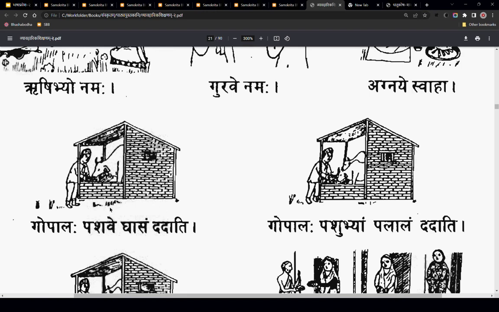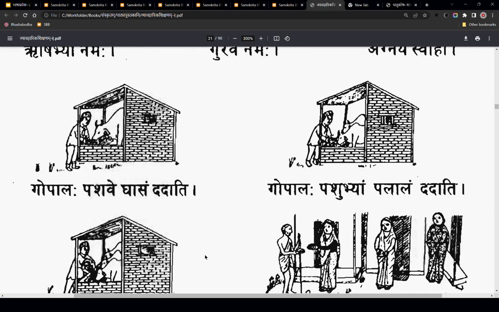So those where who is getting that, receiving that benefit. So the Chaturthi Vibhakti is used here, the dadati is given. Pashave ghasam or grasam dadati, palalam dadati, etc.